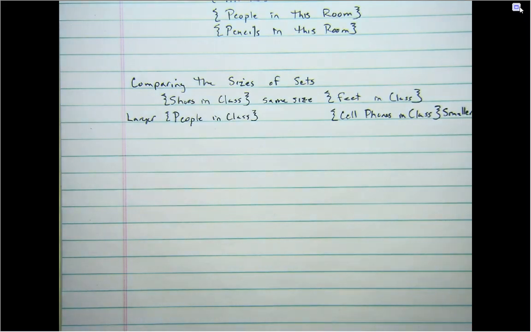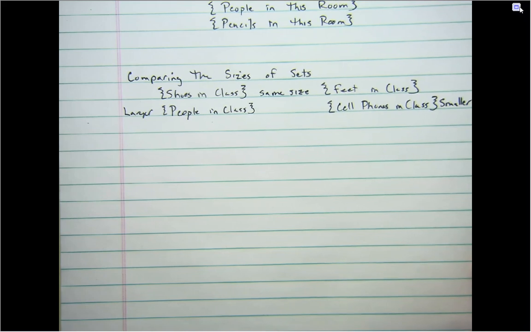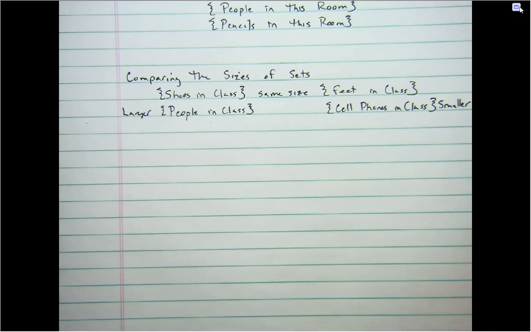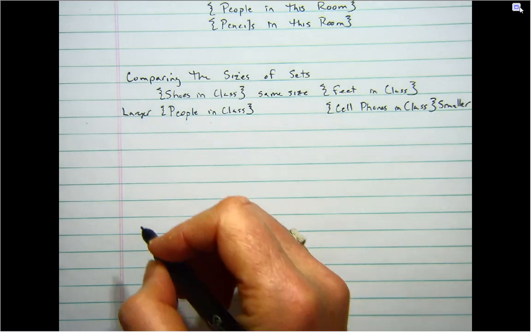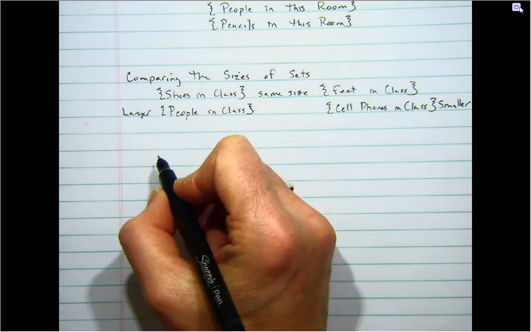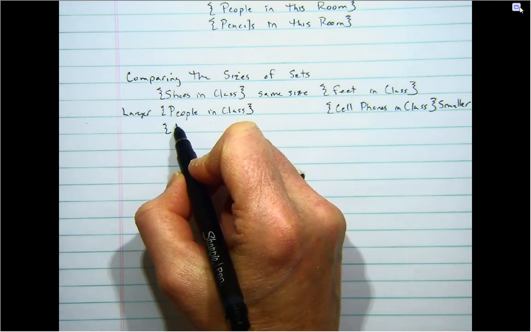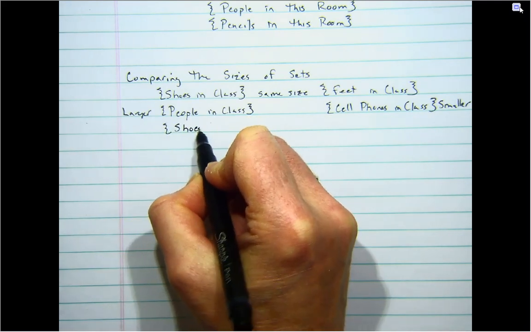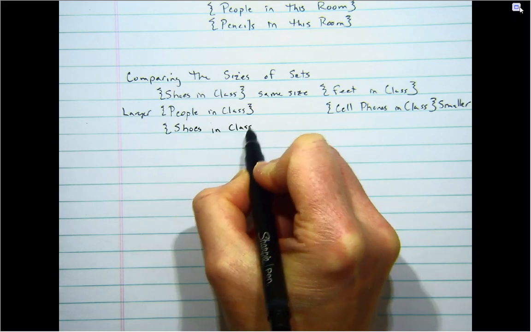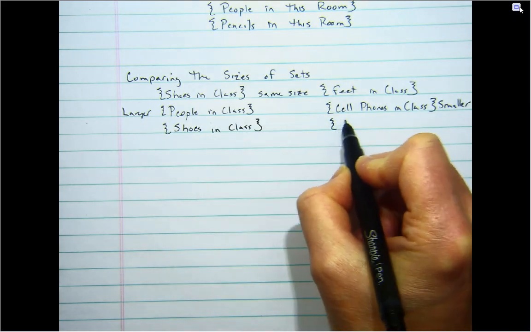So you see how we're pairing them up? We're pairing up to compare sizes of sets. We're not counting, we're pairing up. How about the number of shoes in class and the number of socks in class?